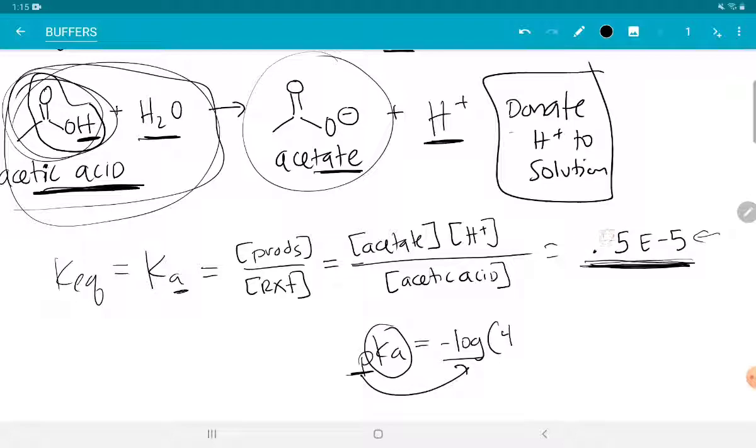All right, sorry, my memory is coming back. It's 1.8 E -5. So if I take the negative log of 1.8 E -5, I should get a value that's 4.75. That's where that 4 was coming from. That's the pKa of acetic acid. Sorry, again, I'm pulling this from memory. All right, so the pKa is 4.75.